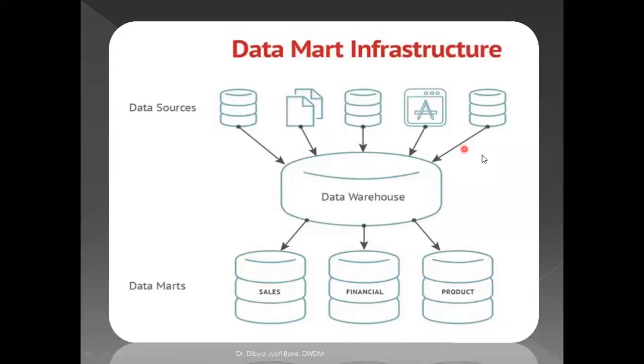What will be the layer in between data source and data warehouse? Okay, no answer from their side. I think probably they will answer in the comments, so I'll check the comments. What will be the layer coming between these data sources and the data warehouse in the third type of data warehouse architecture? Then you can see the data warehouse is now divided into different segments: sales, financial, product, IT department, etc.